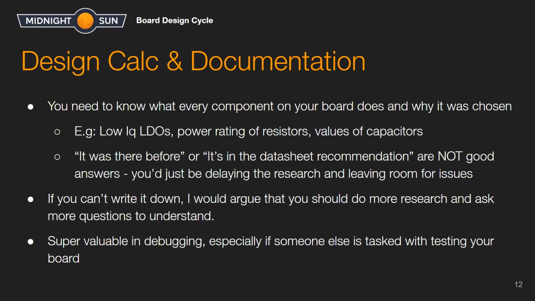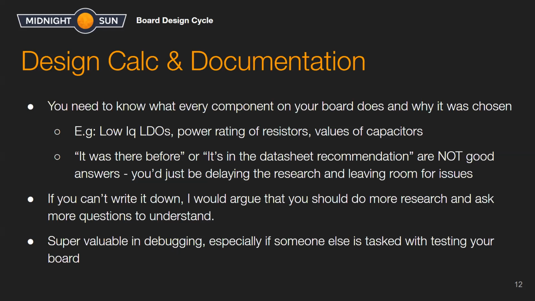For example, decoupling capacitors should always be placed near the IC pins, but if you don't recognize that a capacitor is a decoupling capacitor, you might accidentally place it somewhere else, and then the IC is left without a decoupling capacitor. So it's super important to remember what every device on your circuit board does, and why it's there.